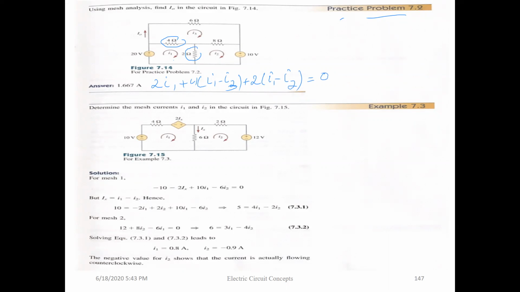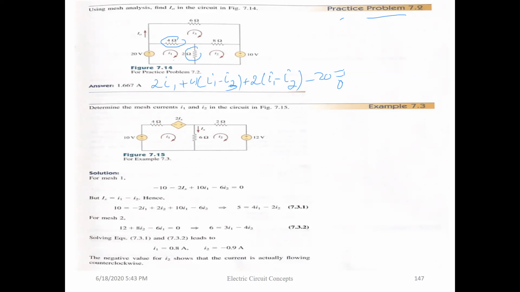Sorry, I should finish the voltage here. So the voltage is minus 20 equal to 0. And then you can move the 20 to the other side and reorganize. You combine the similar terms. So we have I1 and 4 I1 and 2 I1.